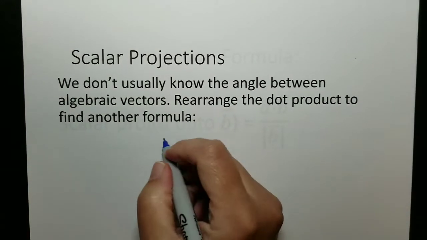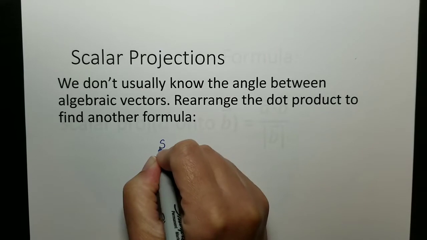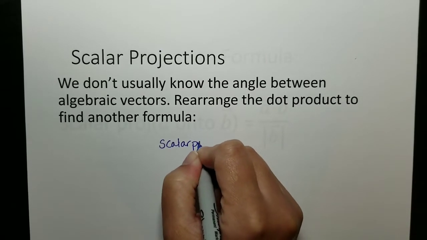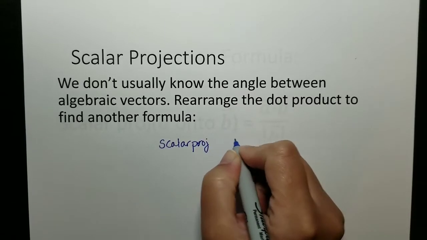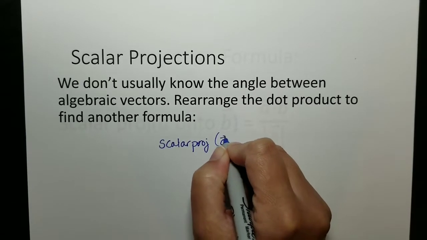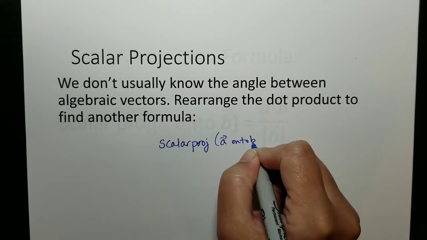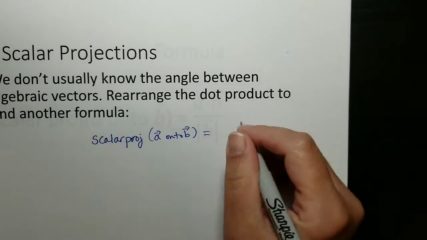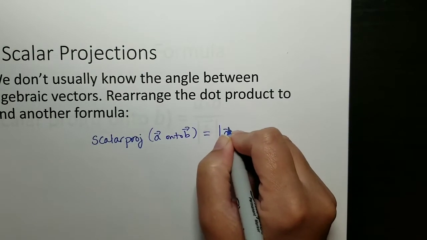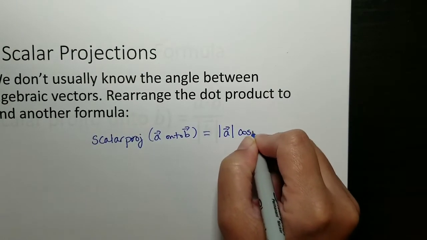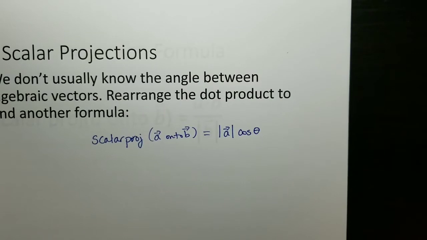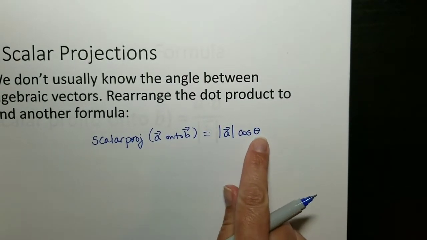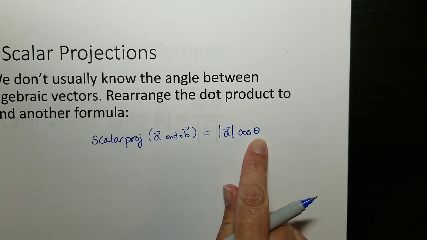So we know that the scalar projection of A onto B equals the magnitude of A times cos theta. So we want to get another representation for this that doesn't involve theta.